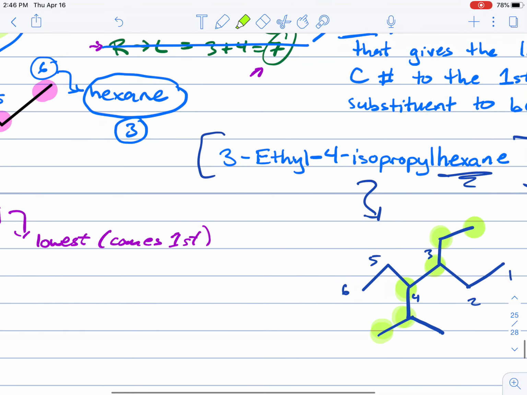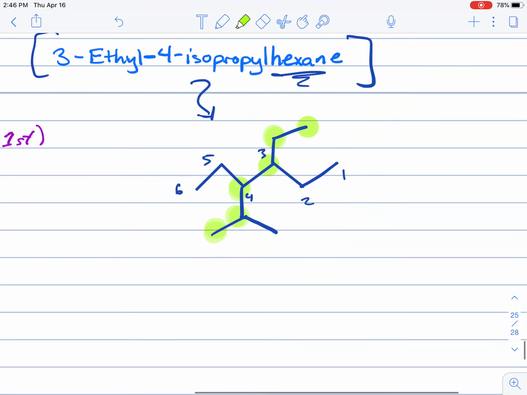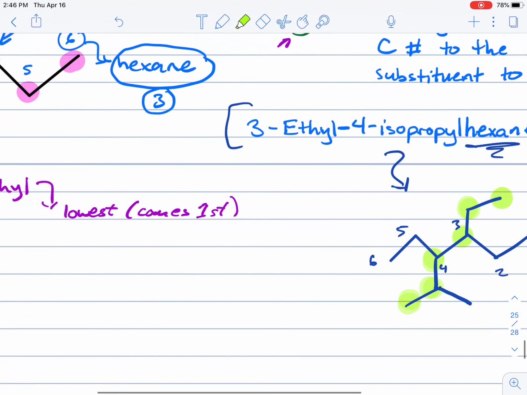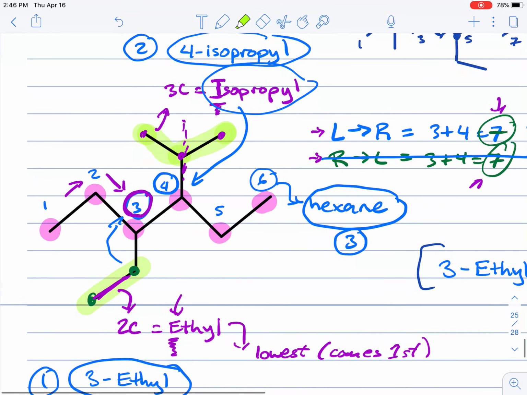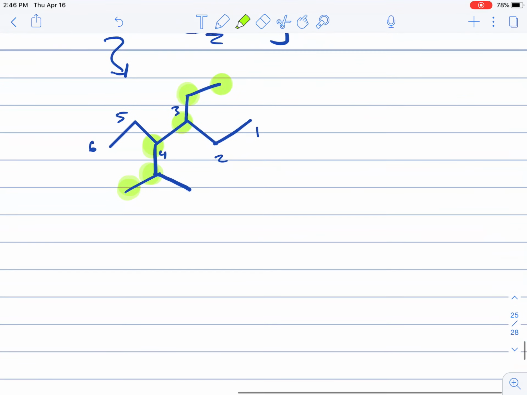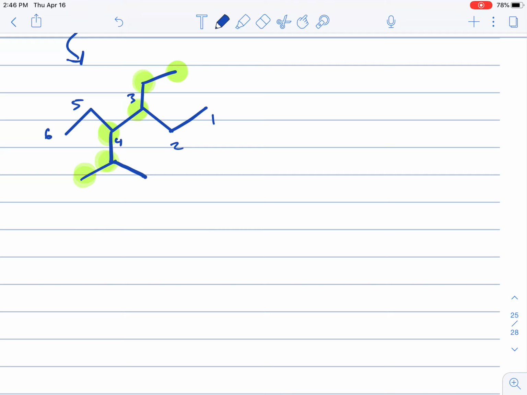And so I'm going to do this very quickly. Should I erase what I have here? No. Okay. And so what I highlighted was the parent chain, there's still 1, 2, 3, 4, 5, 6.